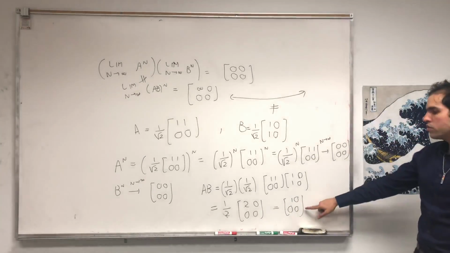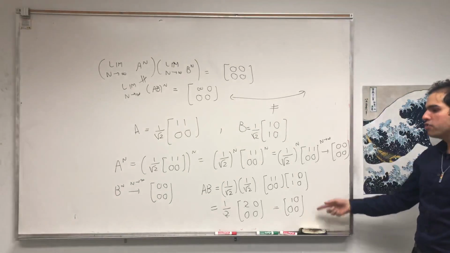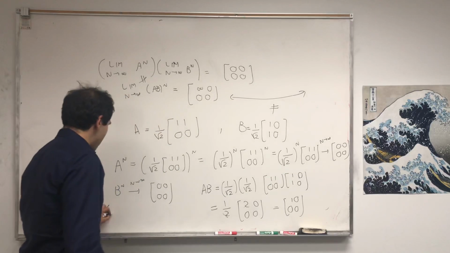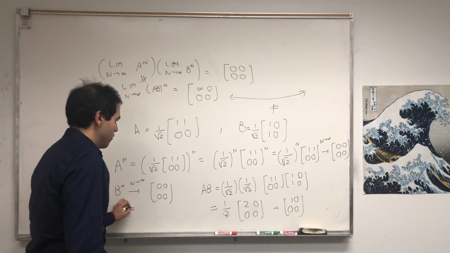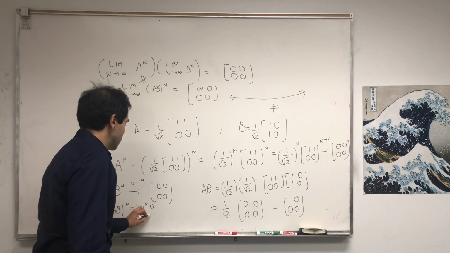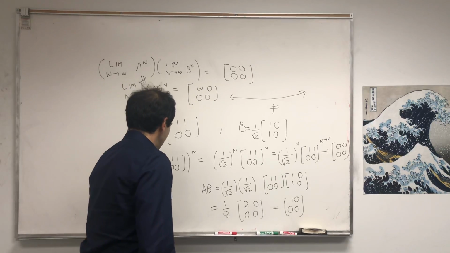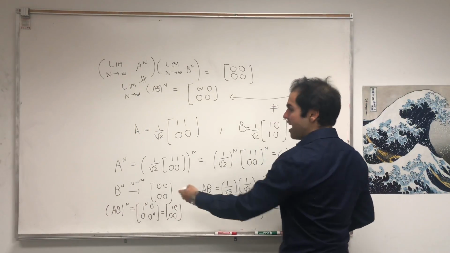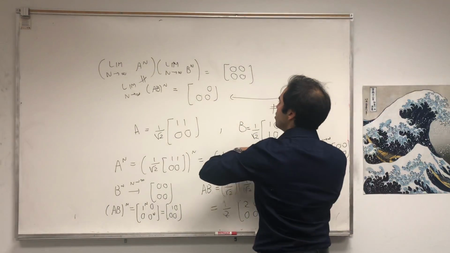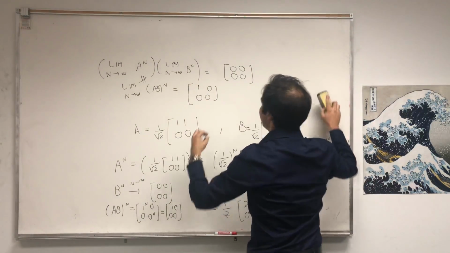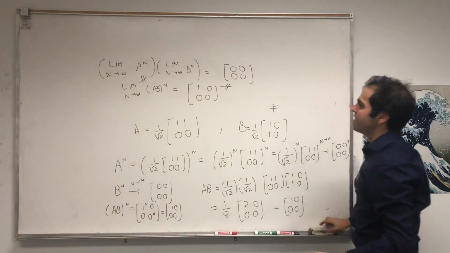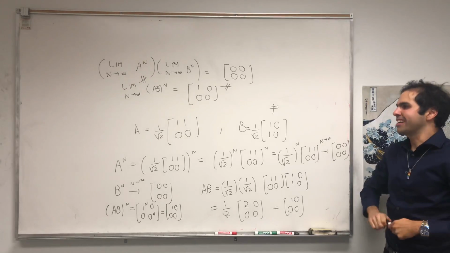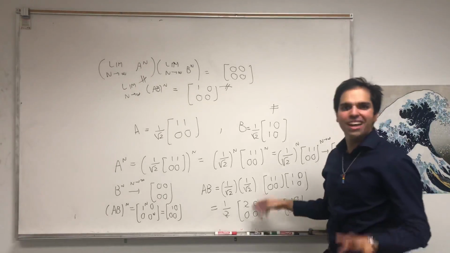And here's the cool thing: this is a diagonal matrix, and if you raise this to any power, you just get the same matrix again. So (AB) to the n would be 1 to the n, 0 to the n, which is 1, 0, 0, 0. So if you let n go to infinity, the limit here is 1, 0, 0, 0. Therefore, even in the convergent case, the product of the limits is not the limit of the products.